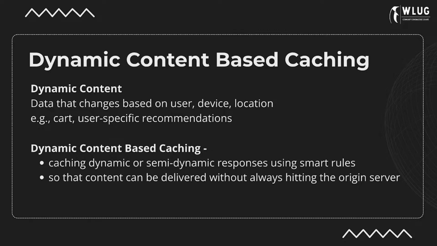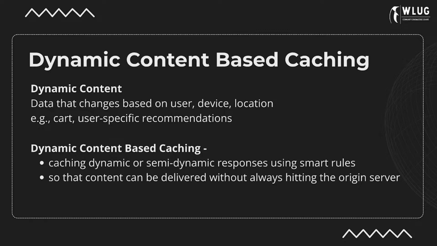It has to go to the origin to be verified. But when we talk about flash deals, like for example, if we talk about Instagram, your feed changes. The feed will be somewhat similar for people in the same area, right? So this dynamic data can be saved using a few smart rules. Let's see what these smart rules can be.